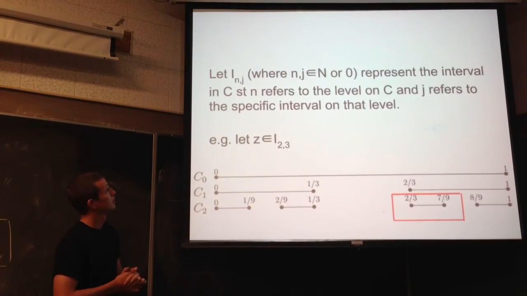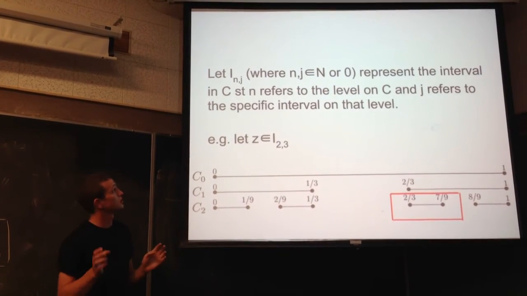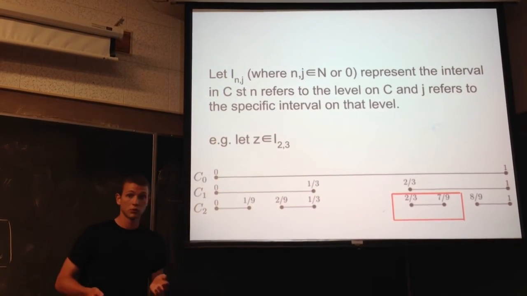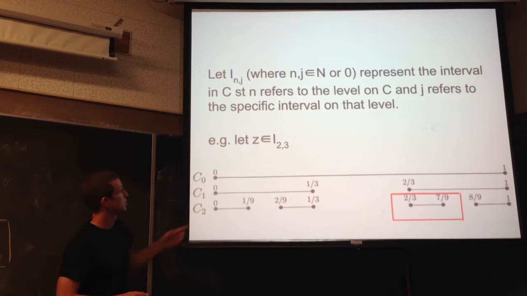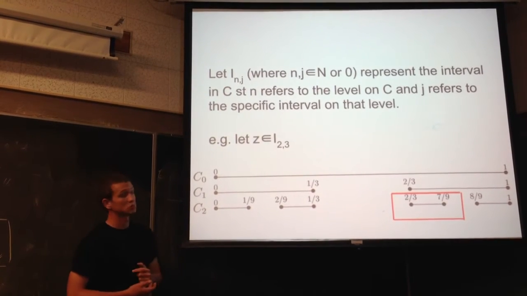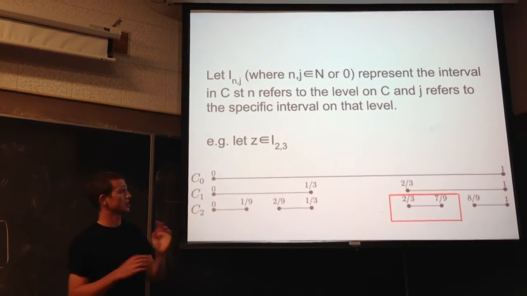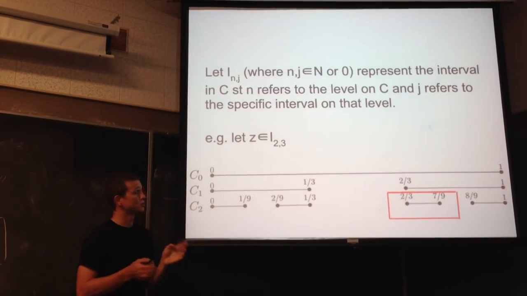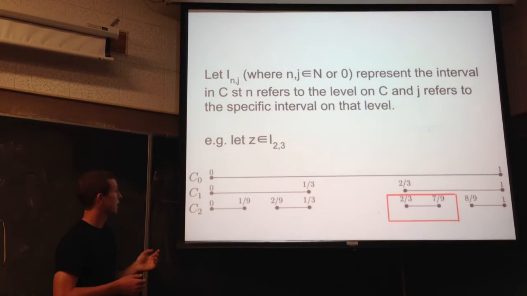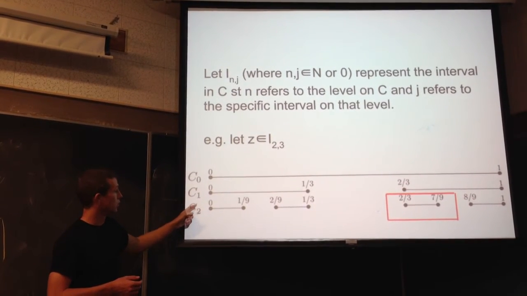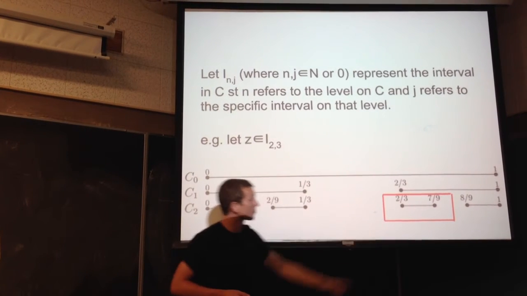They represent the specific interval in the Cantor set such that n refers to the level that we're speaking of, level 0, 1, 2, and j refers to the specific interval on that level. So for instance, if z is in I sub 2,3, we know that it's in level 2 and interval 3.